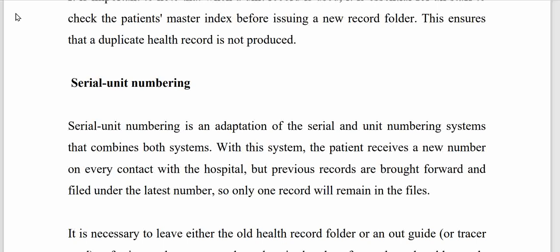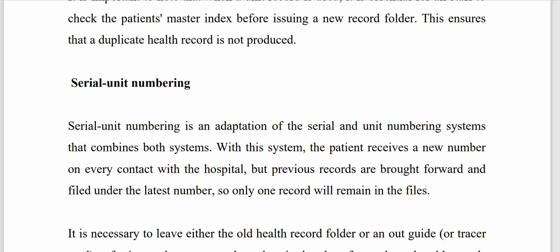We keep on assigning a new number, and that is serial. But a unit numbering system is where a unique number is assigned to a patient once. And once it is given, that unique number is kept to be used for that same patient in every subsequent visit to that very hospital.